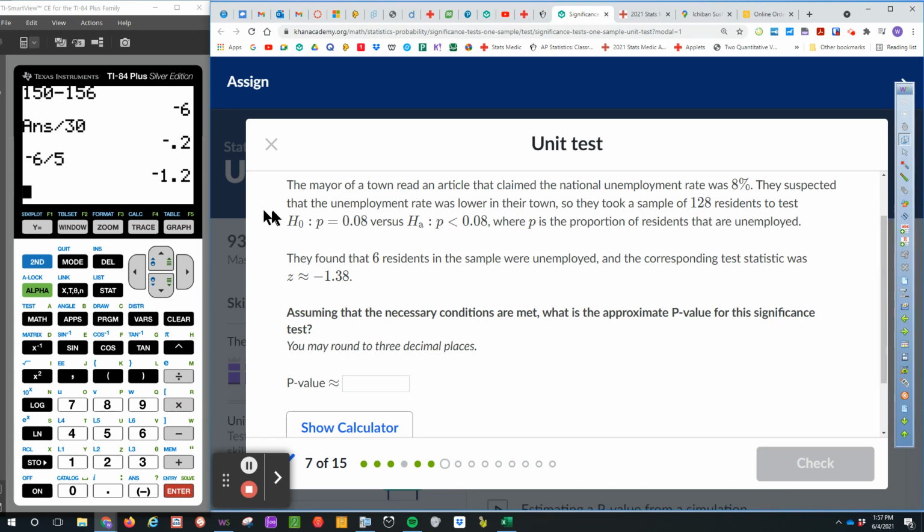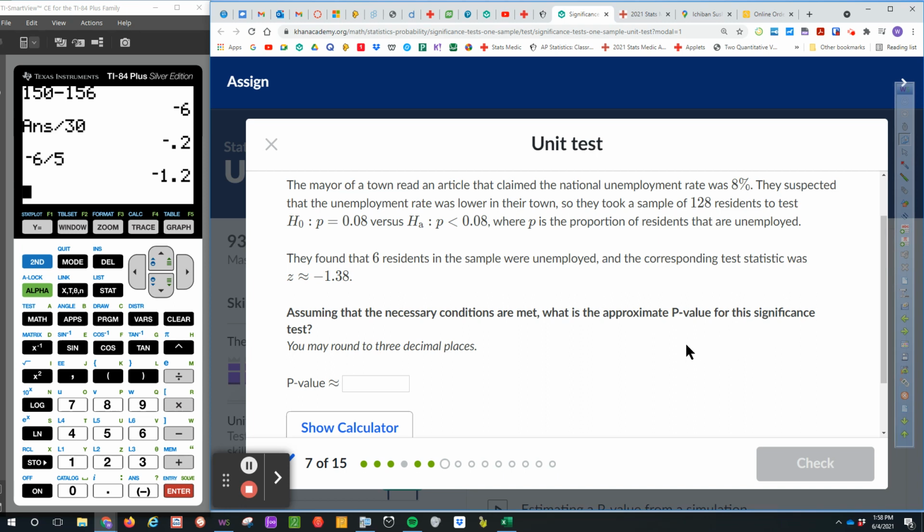Here the null hypothesis is that the proportion is 0.08 because it's 8%, versus the alternative hypothesis where the proportion is less than 0.08, where P is the proportion of residents that are unemployed. They found that 6 residents in the sample were unemployed, and the corresponding test statistic was Z approximately negative 1.38. Assuming that the necessary conditions are met, what is the appropriate p-value for this significance test?